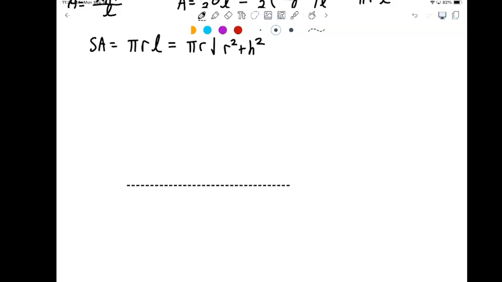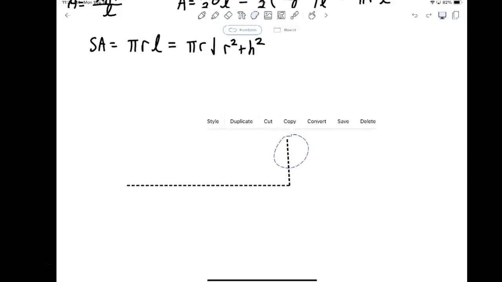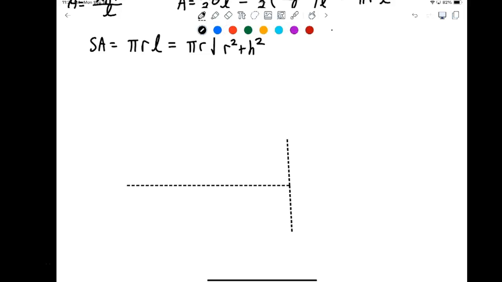And again, we have some radius r. I'm just going to copy that, and make sure I have the same radius on the other side, and generate my cone.